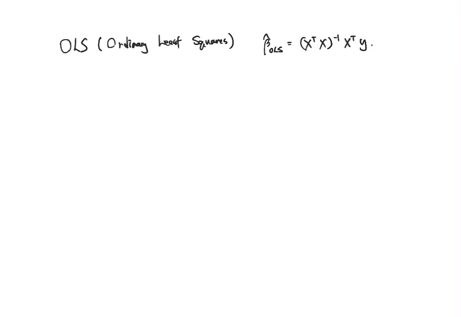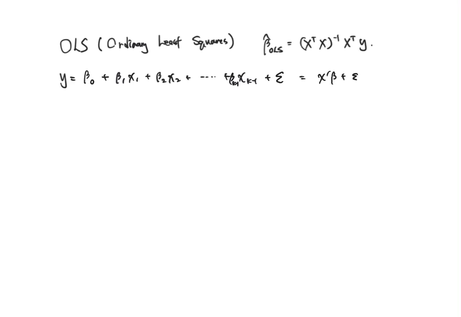In OLS we have a linear model: y is equal to beta 0 plus beta 1 x1 plus beta 2 x2 plus ... plus beta k minus 1 x k minus 1 plus epsilon. This can be written as x transpose beta plus epsilon.